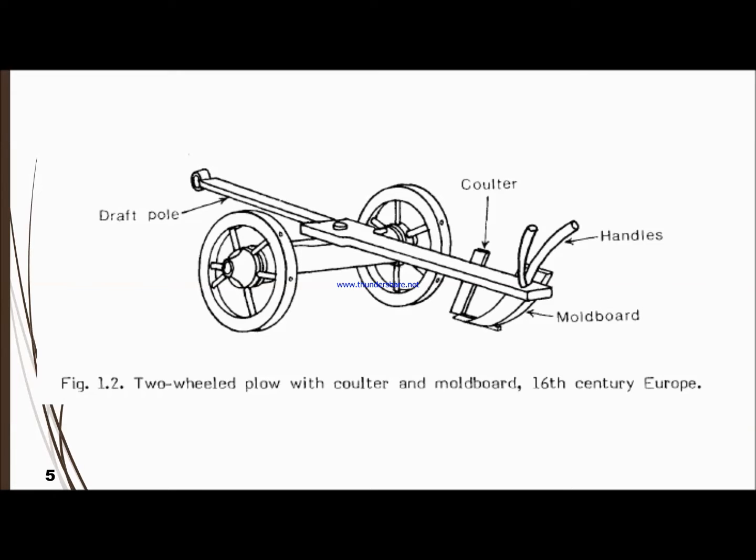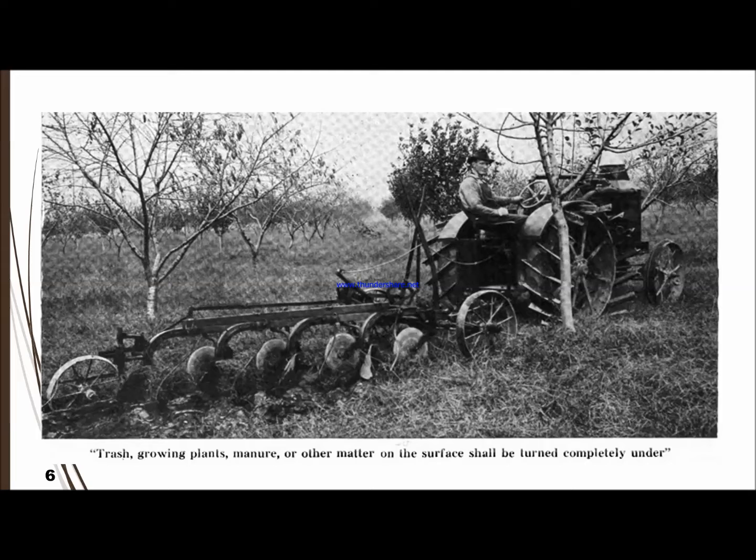Another example is the two-wheel plow with the coulter and the moldboard, designed in Europe. They took advantage of animal draft power to operate for crop production. And this is a somewhat modernized agriculture machinery for growing plants.